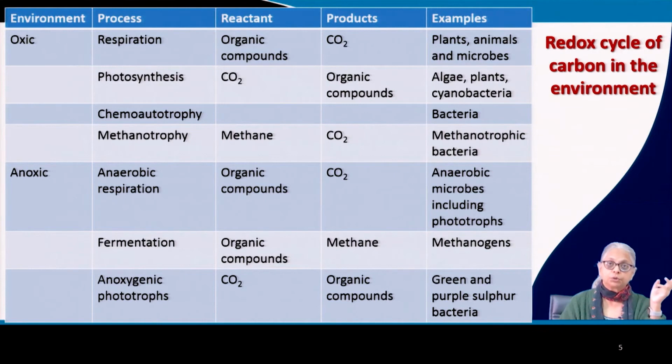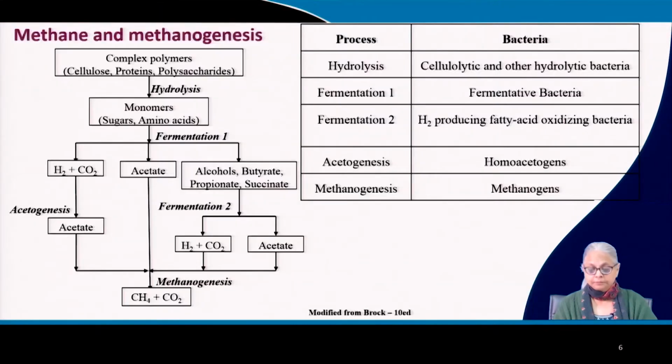Remember, we've gone through both the biochemical pathways of respiration and fermentation under anaerobic as well as oxic conditions. So these anaerobic microorganisms, which also include phototrophic bacteria, are capable of returning the organic material back to CO2 under anoxic conditions. We've already taken a look at these organisms under the topic of metabolic diversity.